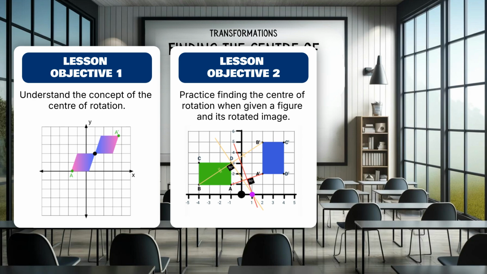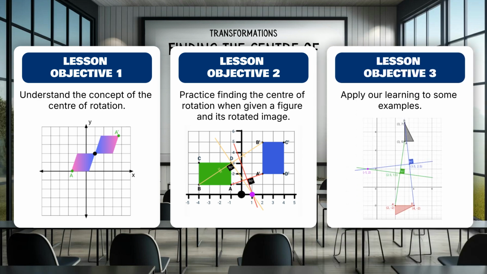By drawing perpendicular bisectors of the segments connecting each pair of corresponding points, we found that these bisectors intersect at a single point, which is the center of rotation. Finally, we practiced this method through several examples, reinforcing the technique of constructing perpendicular bisectors and ensuring accuracy in identifying the intersection point. Understanding how to determine the center of rotation equips us with a valuable tool for analyzing and interpreting geometric transformations effectively.